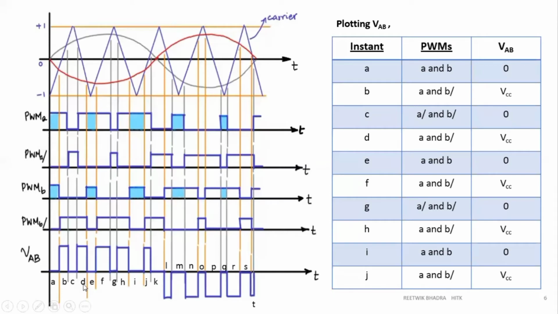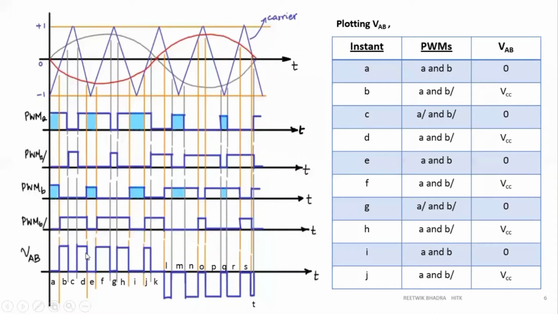Now number 4, D. D is the instant at which PWM B bar is high, B is low, A bar is low, A is high. So A and B bar. I've written A and B bar over here. For B and D also, I'm not going to the previous slide, I'll just recall this fact. A and B bar over here, and this is also A and B bar. For A and B bar, what is VAB? VCC. Over here also VCC.